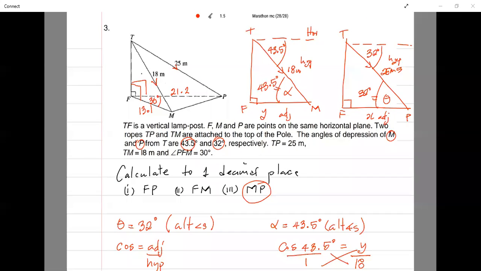We're asked to find here, I'm going to call it Z. If you look carefully, you'll see that the triangle at the bottom is a non-right angle triangle. You know the length of two sides and the inclusive angle, and you're asked to find the length of the third side. That is a condition for applying the cosine rule.